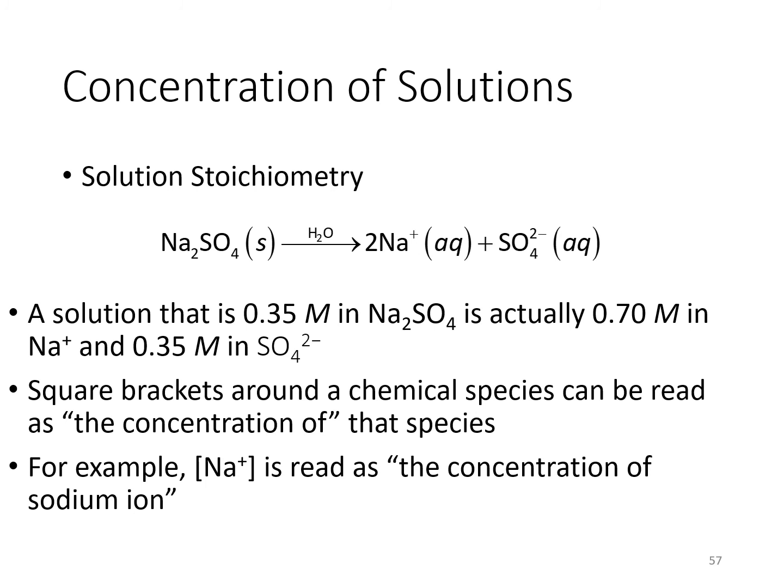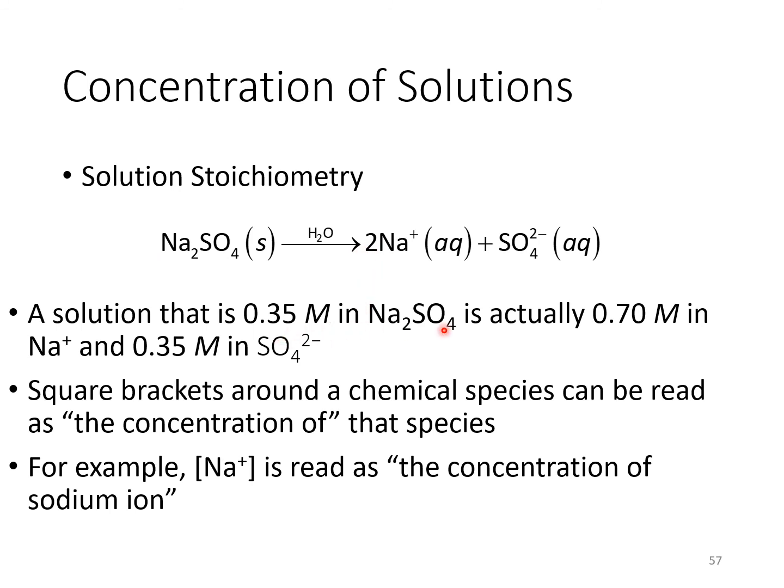So if I originally created a 0.35 molar solution of sodium sulfate, and that dissolves into that water, you would actually have 0.7 molar sodium ions and 0.35 molar sulfate ions because of that solution stoichiometry. For every 1 mole of sodium sulfate, you are creating 2 moles of sodium.